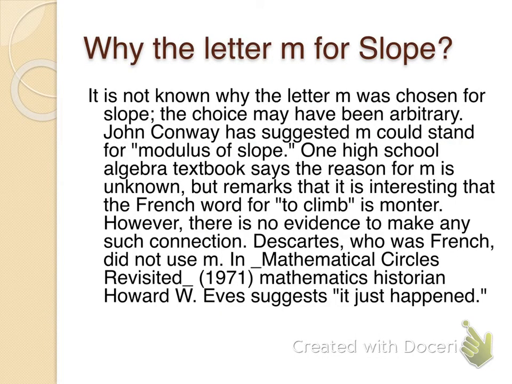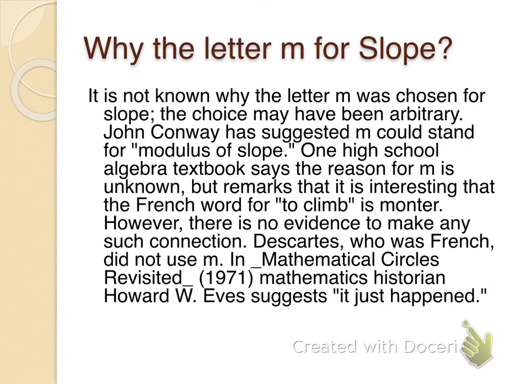Alright, so looking at this, why the letter M for slope? It's actually not known why the letter M was chosen for slope. The choice may have been arbitrary. John Conway has suggested M could stand for modulus of slope. One high school algebra textbook says the reason for M is unknown, but remarks that it is interesting that the French word for to climb is monter.